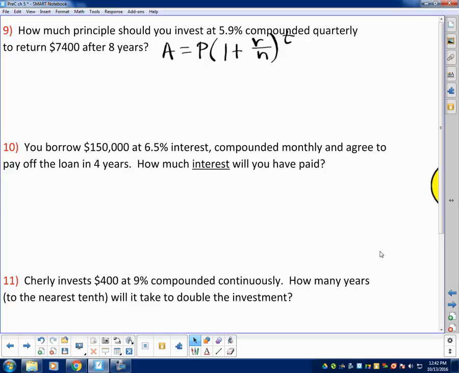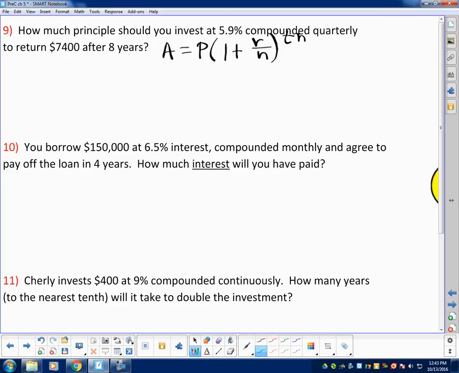The N is... And then we need to multiply. I need to add one more in here too. So not only do you divide by n, but you're also going to have to multiply t by n. So please, okay guys, just write down the formula here.